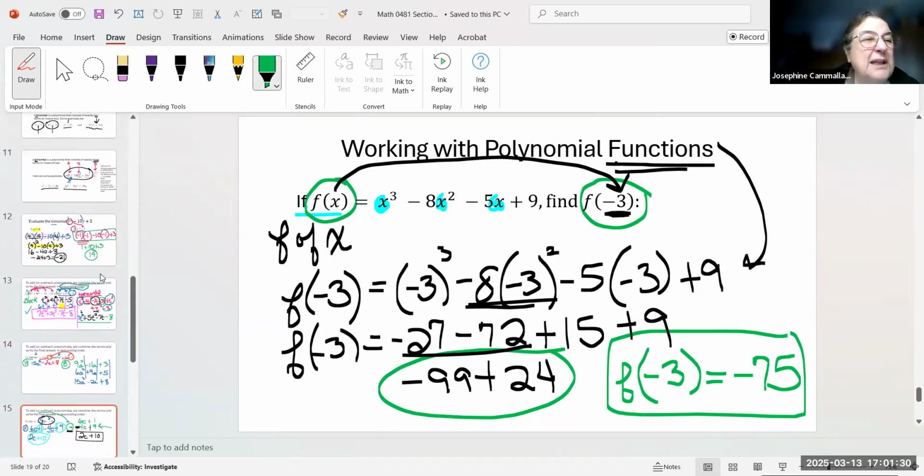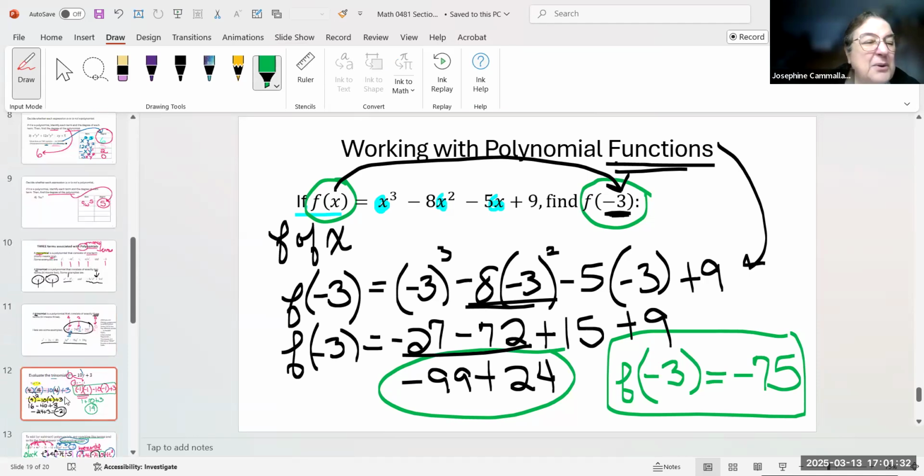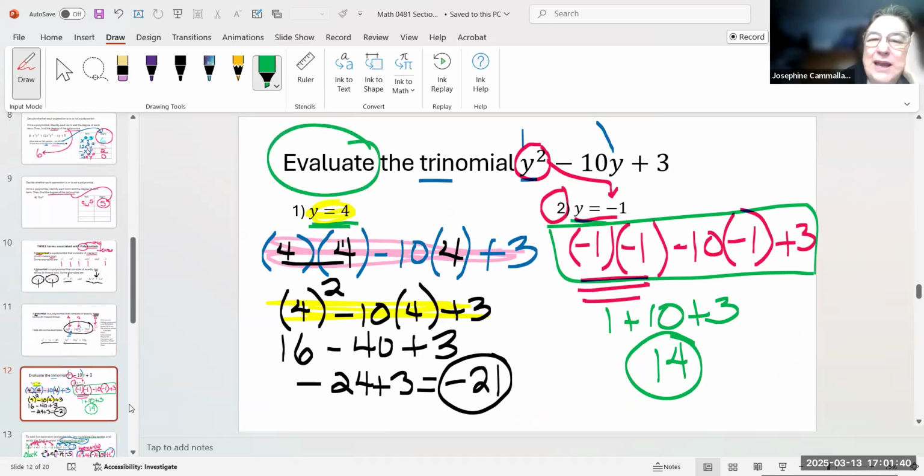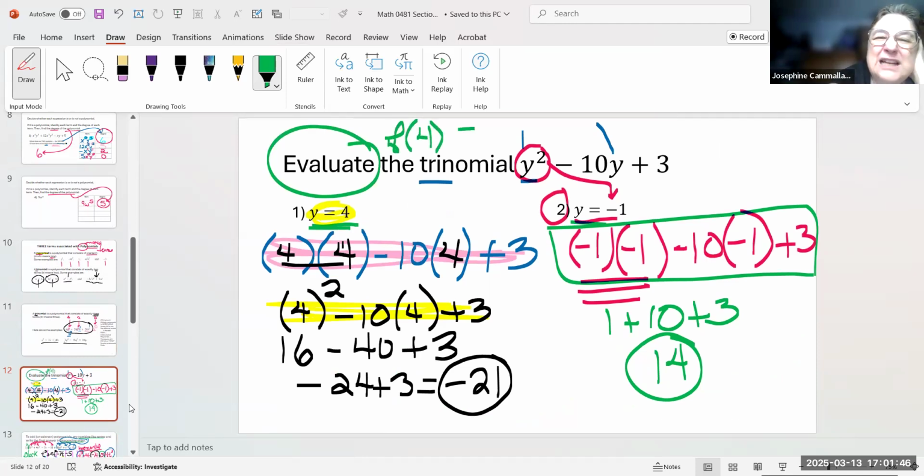Let's go back here. Remember, this says evaluate. Well, I could write f of 4 is equal to y squared minus 10y plus 3.